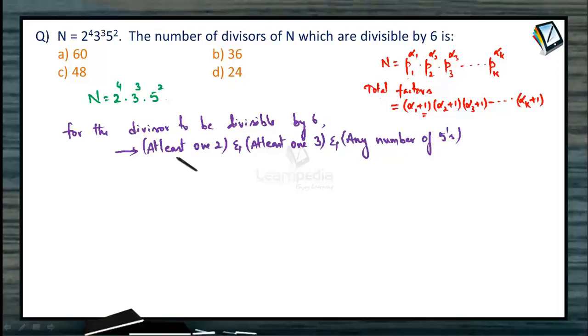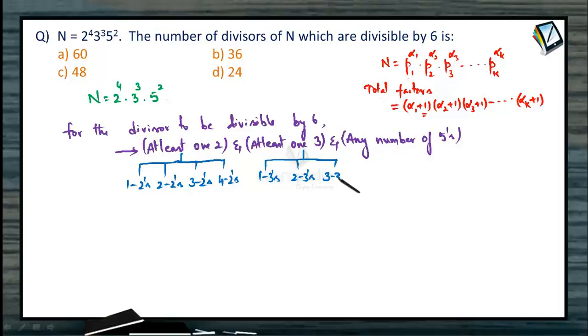Now what are the different cases of at least 1 2? This would further get into 1 2, or because we have total 4 2's, we might have 2 2's in the combination, or we might have 3 2's, or we might have 4 2's in the combination. Similarly, when we consider at least 1 3 out of the 3 3's, then there could be 1 3 in the combination, or 2 3's out of the 3 3's available, or all the 3 3's included.